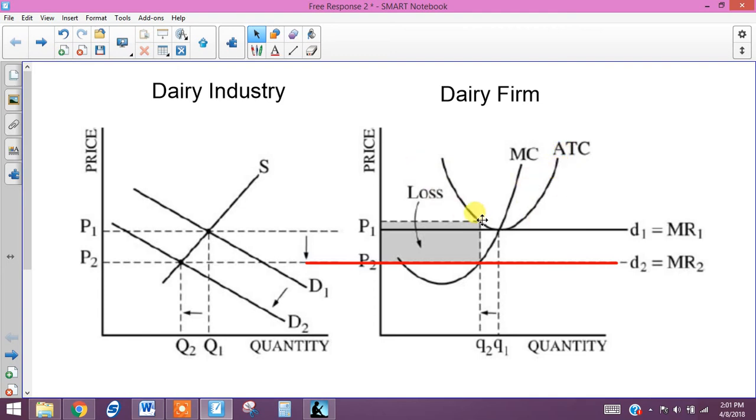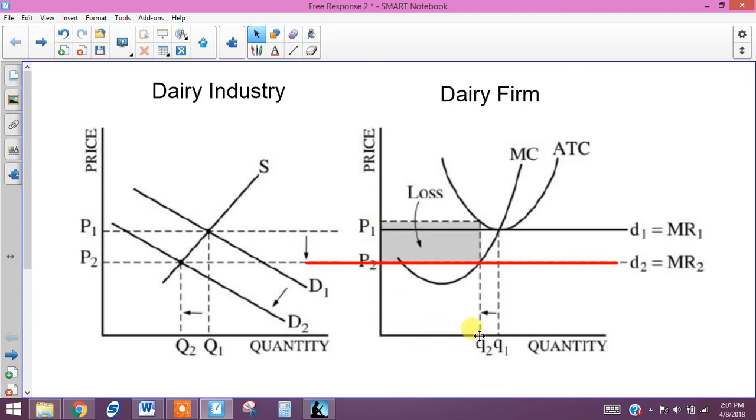This curve does not change, so you've got this difference now between price and average total cost or cost per unit. So total cost is going to be this gray triangle right here, right? Or actually the total loss. I'm sorry, this is your total cost, this rectangle right here.